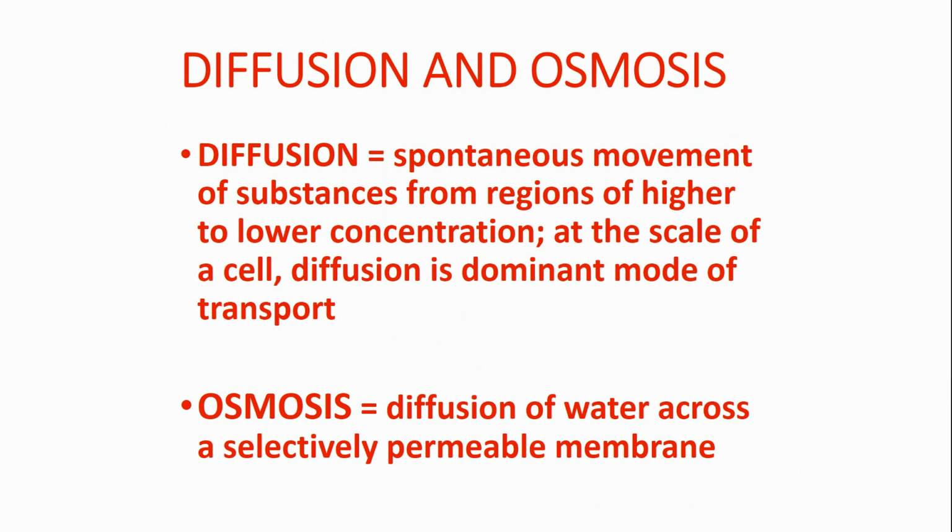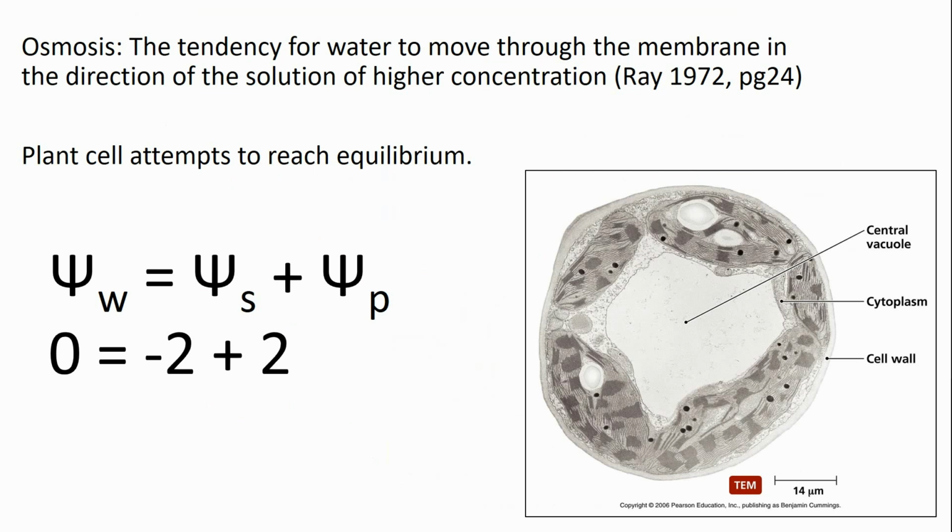The more correct answer would be osmosis. And osmosis is just a different type of diffusion where there is a selectively permeable membrane. When you start looking at cell to cell movement, we really refer to osmosis.